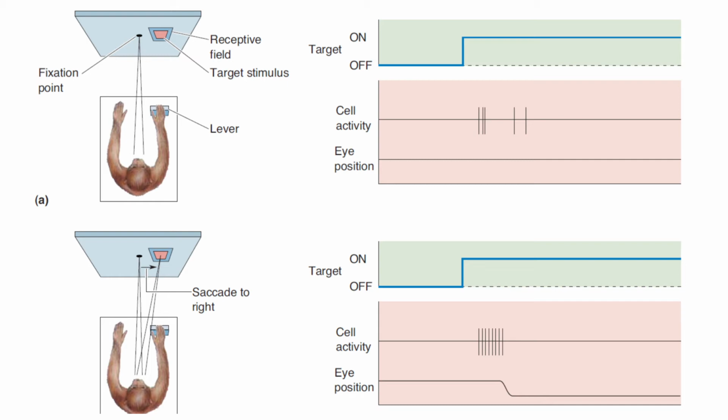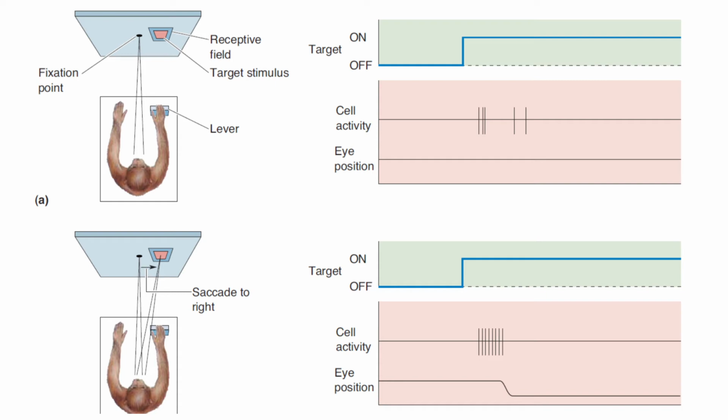And what they found here, and you can see in this figure, is in green color you can see when the stimulus is on. So this vertical line illustrates when they turn it on, and it remains on.